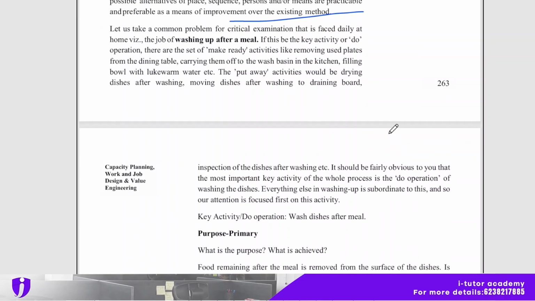Let us take a common problem for critical examination that is faced daily at homes: the job of washing up after a meal.